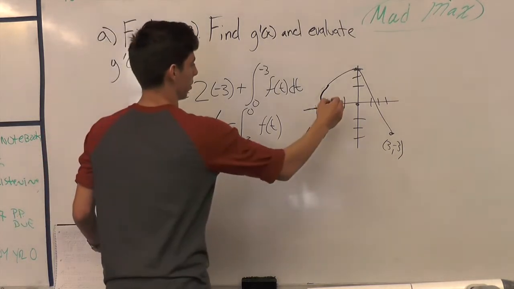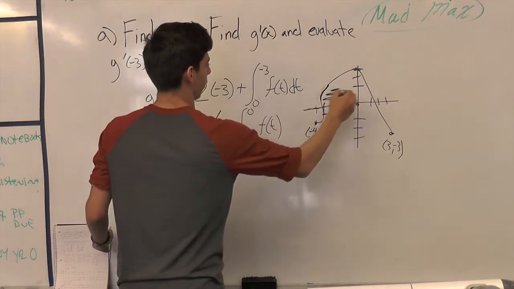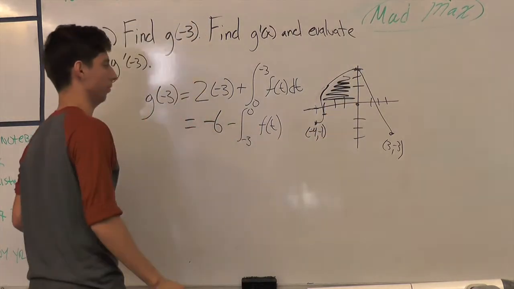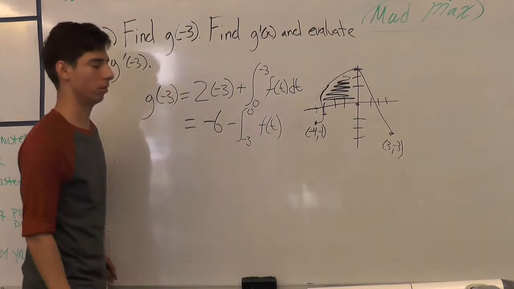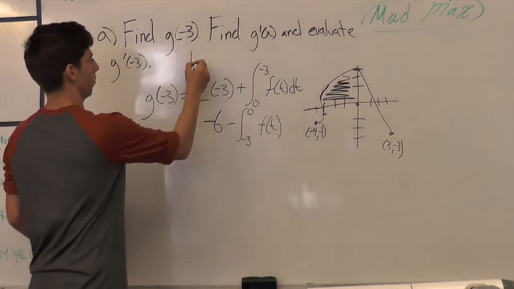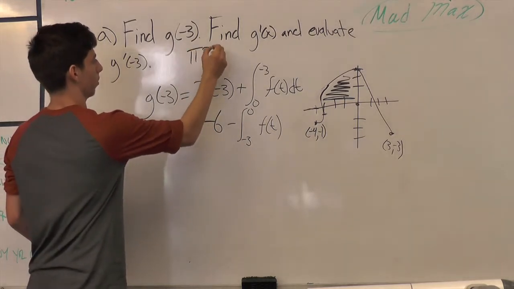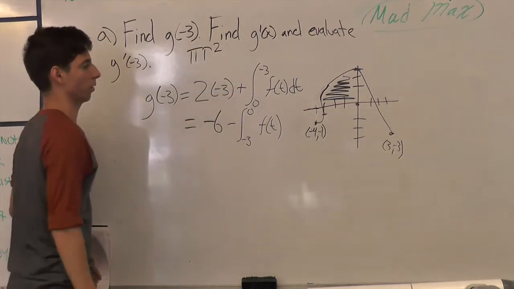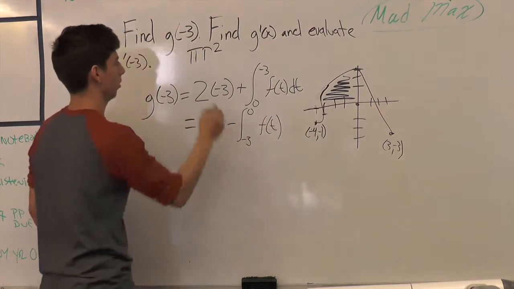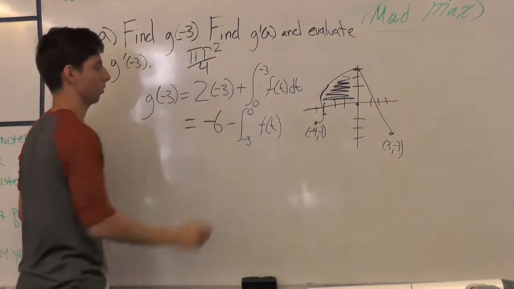You have this quarter circle right here that we have to figure out the area of. The area of a circle is pi r squared. But since this is only a quarter of a circle, we divide it by 4.